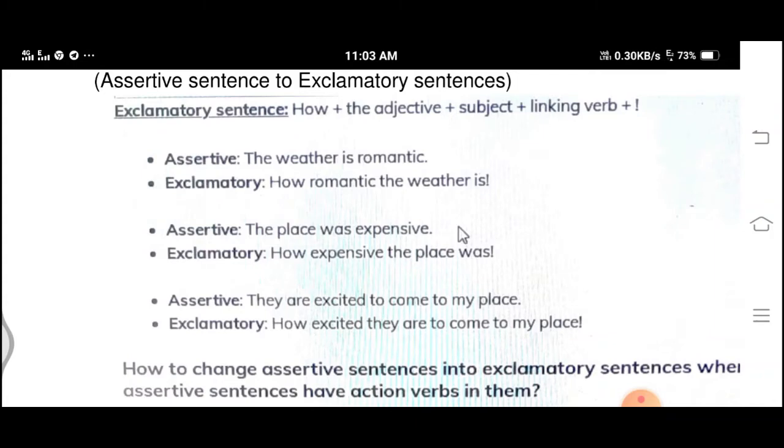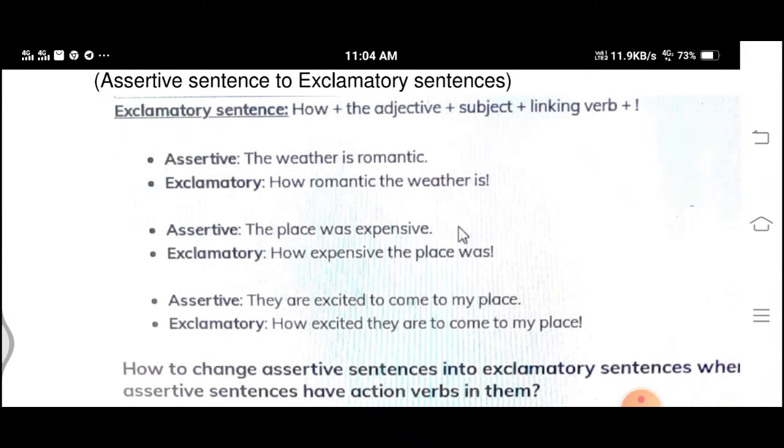So dear students, let us see some changes and we will understand the structure of change from assertive sentence to exclamatory sentence. The first assertive sentence is: the weather is romantic. This sentence is based on adverb of manner.